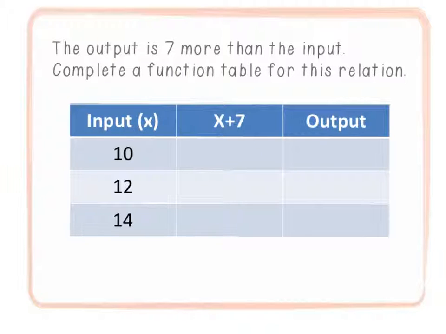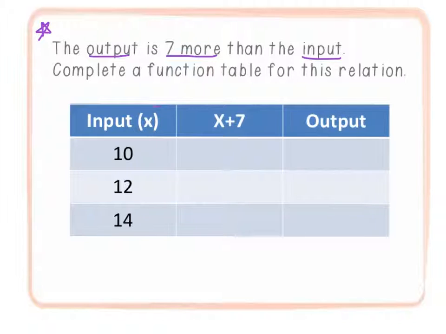Okay, so on the last slide, we just labeled everything. And I kind of solved it quickly, but I want to read you what a problem would sound like and how you would solve it for your homework. So I'm going to read the directions right up here, and it says the output is 7 more than the input. The output is 7 more than the input.